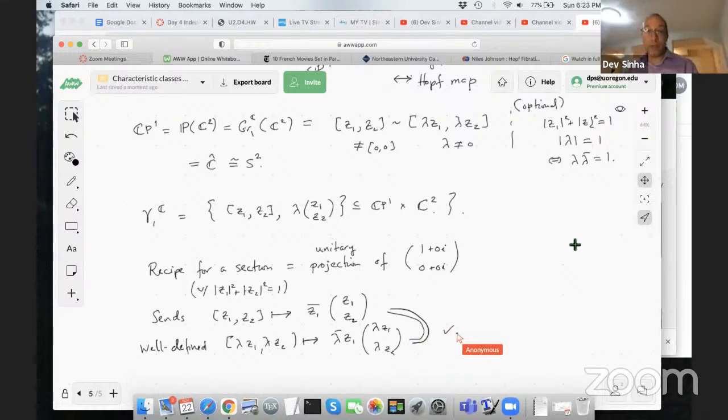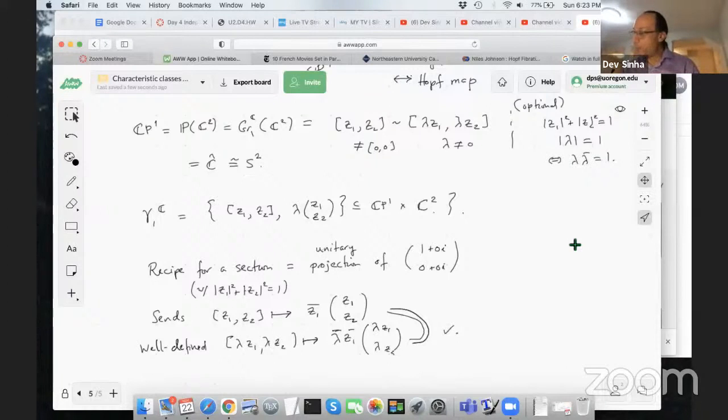So this is well defined when we have that complex conjugation. That is a way to make a section. And we're going to check transversality. Well, of course, this says it's well defined. It's pretty clearly continuous then, because it's using the Z1 coordinate projection.